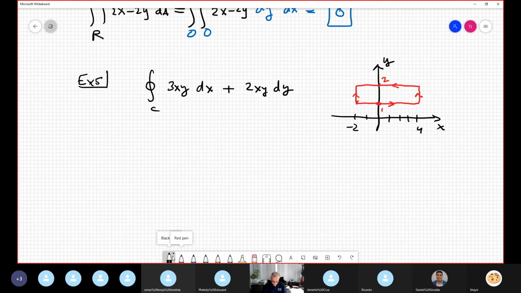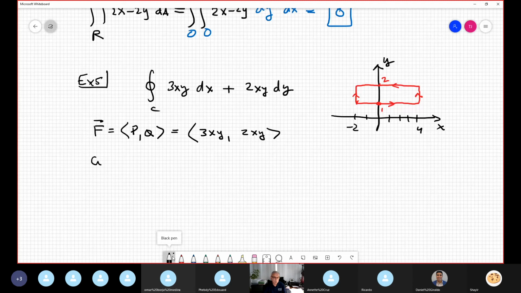Now, identification. The vector field is P, Q, and our specific problem is 3xy and 2xy. To find the curl, the formula is Q_x minus P_y. Do you see that I always copy the formula? Because my intention is that you somehow memorize this.